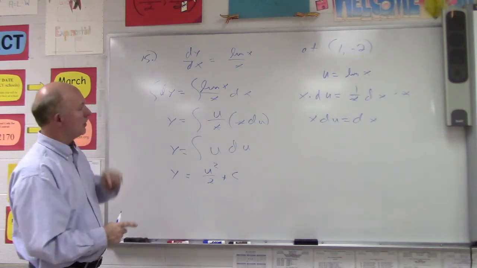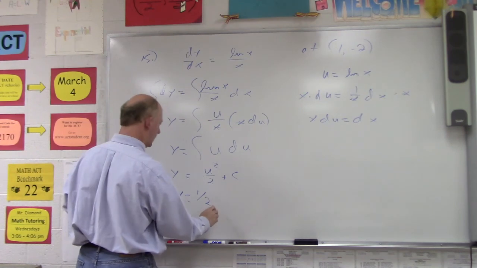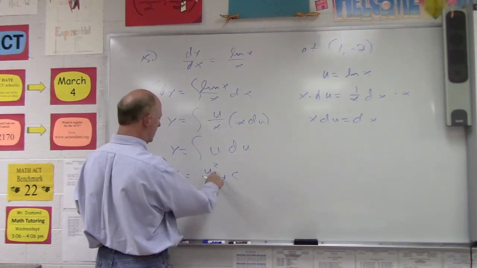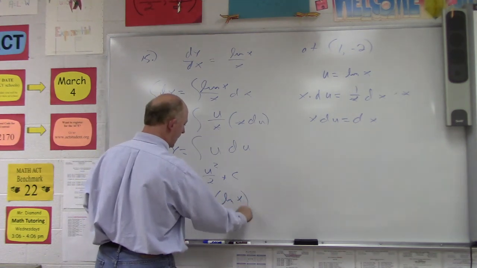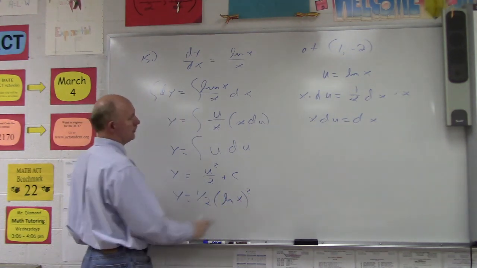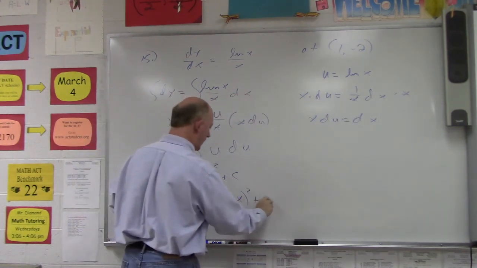Now I'll put this back in terms of x. So y equals 1/2 natural log x to the second power, remembering that u equals natural log x, plus our constant of integration.